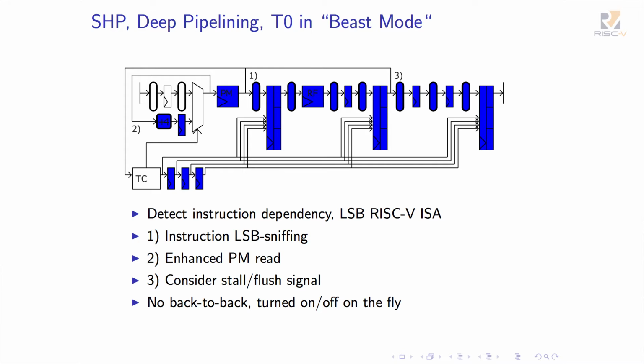The idea is to run one thread in beast mode and give a complete pipeline to one thread. But then you need to quickly decode the instruction dependency. And one trick would be to use a least significant bit to tell the thread controller that the next instruction can be executed immediately. If not, the thread controller gives this time slot to another thread.